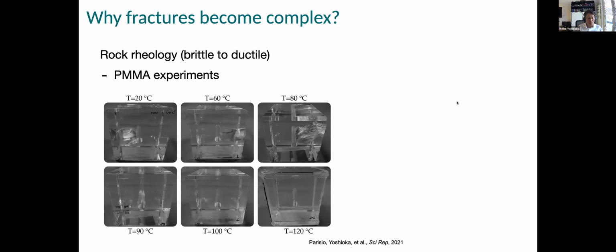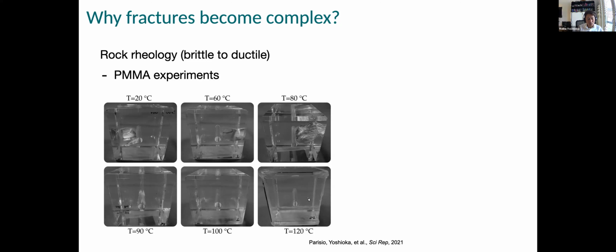We performed hydraulic fracture experiments on PMMA samples at different temperatures from 20 degrees C to 120 degrees C. At low temperature, from 20 to 80 degrees C, we are able to create a hydraulic fracture. But at higher temperature, from 90 degrees C to 120 degrees C, we were not able to fracture the sample.